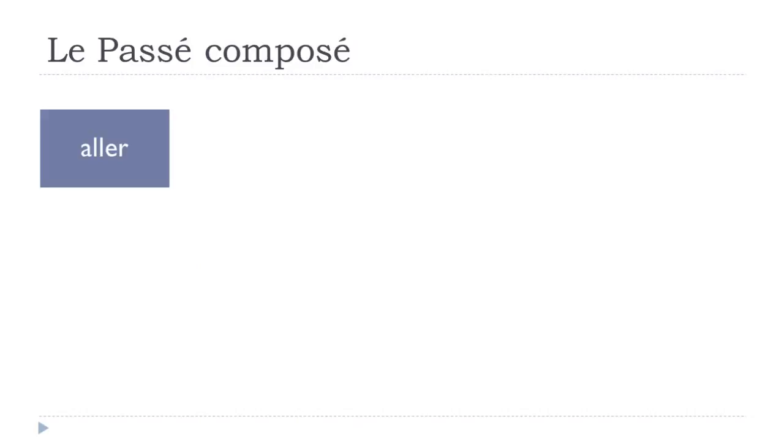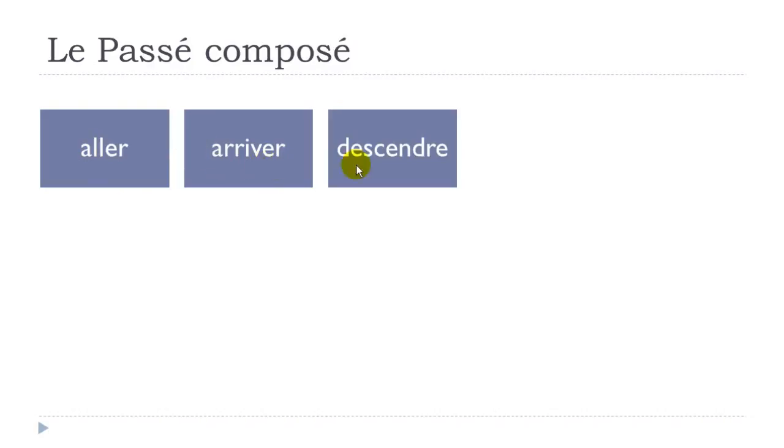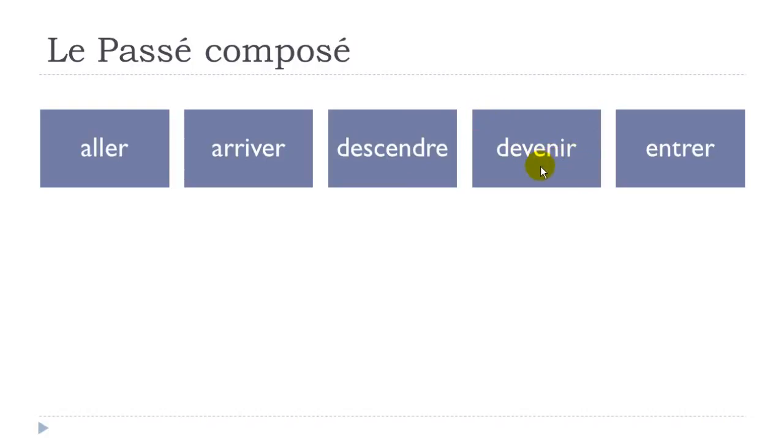Now, let's see the verbs that will require être at the passé composé. The first one that we saw in the example that I gave you previously was aller. Aller is to go. Second one, arriver. Arriver means to arrive. Third one, descendre. Descendre means to go down. Then devenir. Devenir means to become. Then entrer.